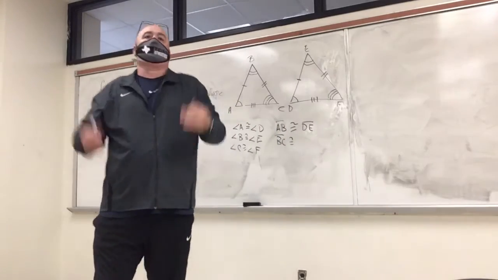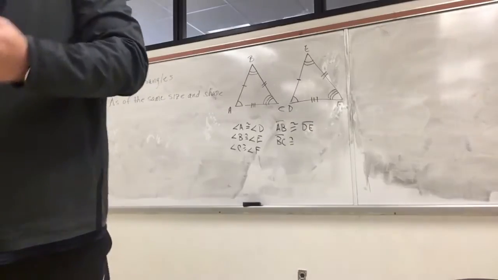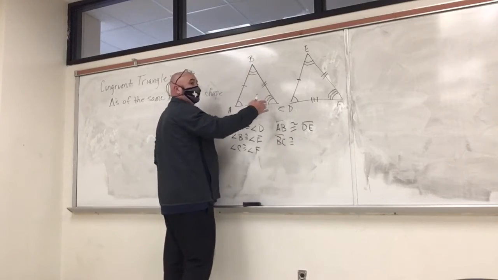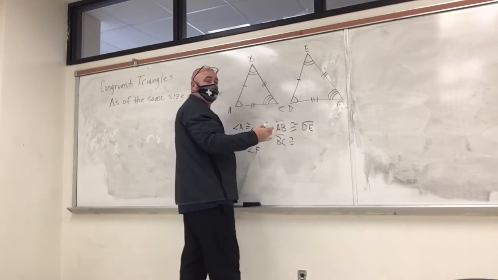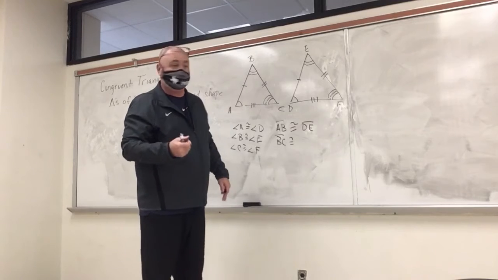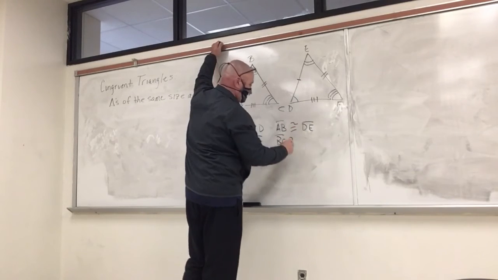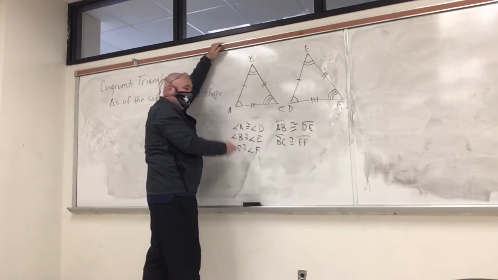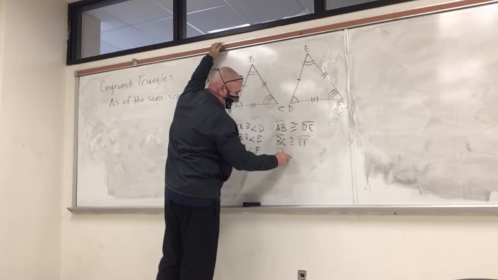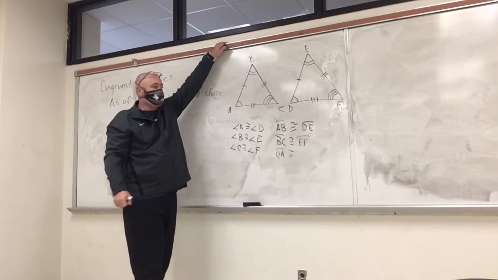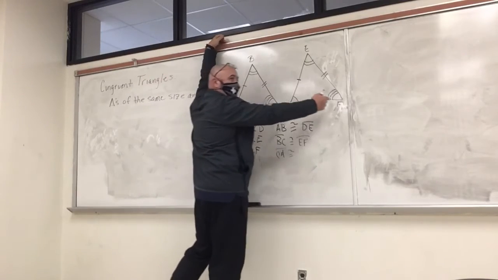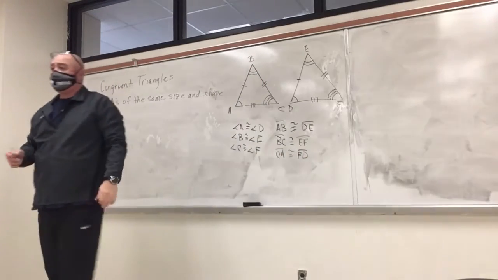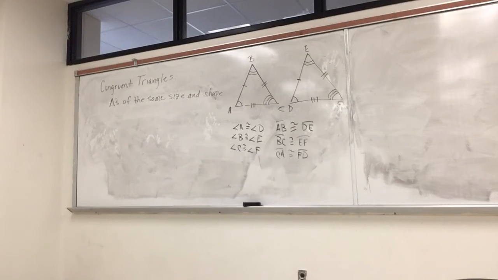Does it make a difference? Yes, it does. This time it makes a difference. Okay? Look, I went from 2 to 3. I got to go from 2 to 3 over here. Because if you don't, I'm going to count it wrong. All right? So BC would be congruent to EF. Now I'm going to go CA is congruent to what? I went from here to here, so what am I going to do over here? I'm going to go FD. You got to go in order, and you got to do things in order now. It just isn't random stuff now.